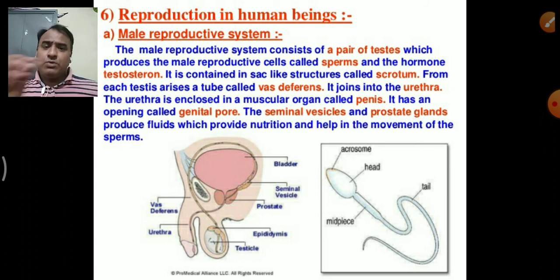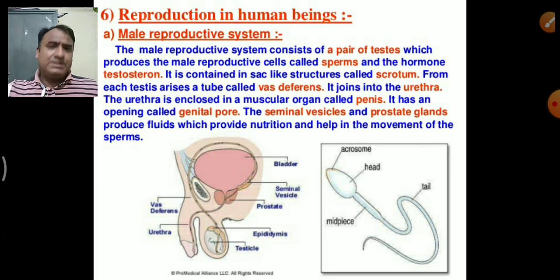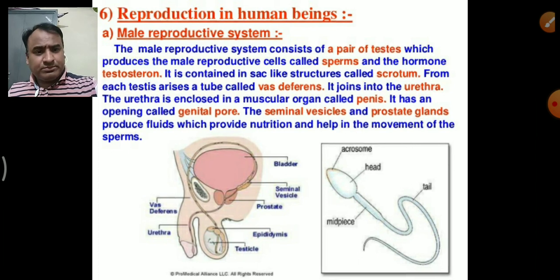Alkaline secretion gives easy fluidity. It helps the sperm to move easily through the passage, and second, it protects the sperm from the acidic secretion of the vagina. So this is all about the male reproductive system.